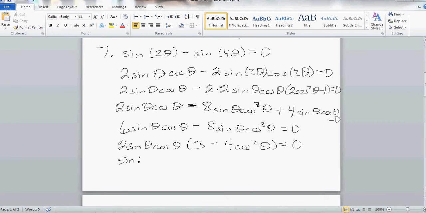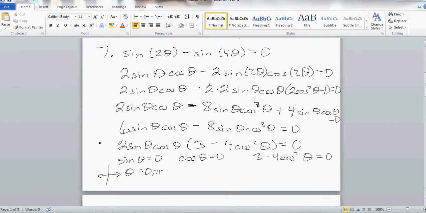So sine of theta equals 0, cosine of theta equals 0, or 3 minus 4 cosine squared of theta equals 0. Well, sine of theta equals 0 only occurs here and here. So in other words, theta is going to occur either at 0 or at pi.